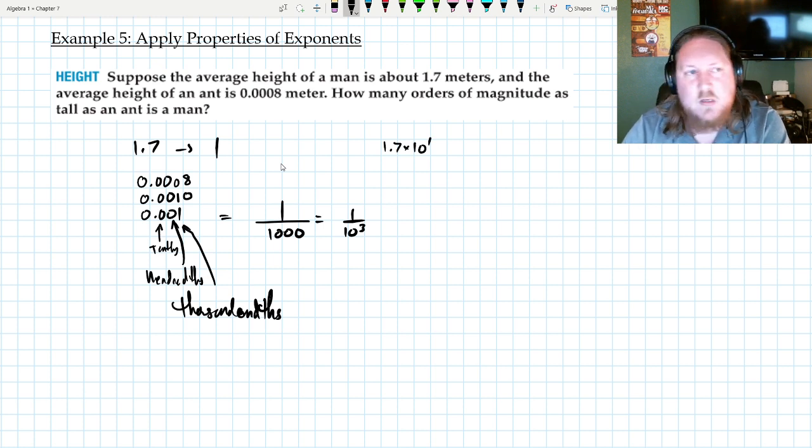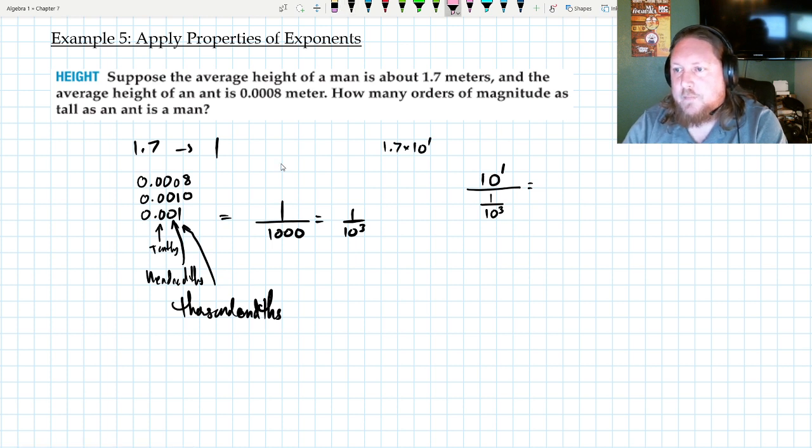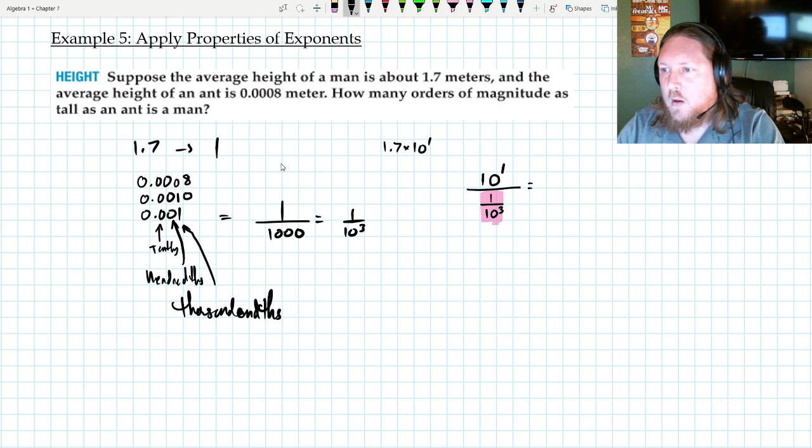So how many times taller is a man? Let's take 10 to the 1 and divide it by 1 over 10 cubed. Just looking at the denominator, I'm going to flip it, and I get 10 to the 1 over 10 to the negative 3.